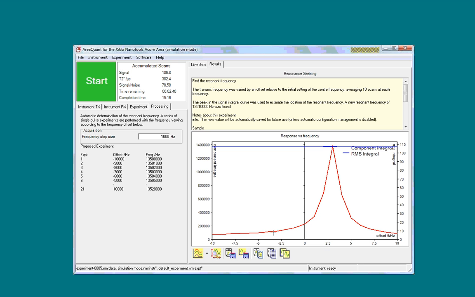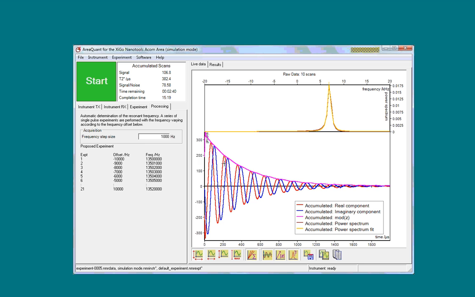If I go back here and look at this red curve, it essentially looks at the number of times the real and imaginary components cross the x-axis. And you can see that when you're far away from resonance, the number of zero crossings will be large.